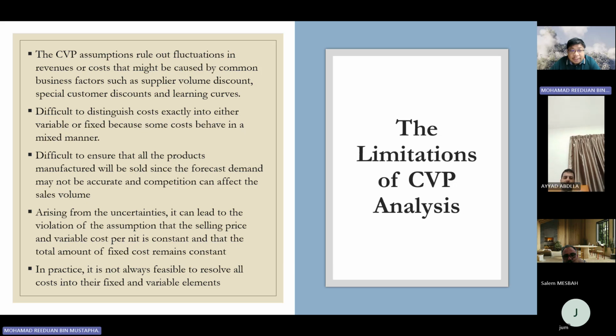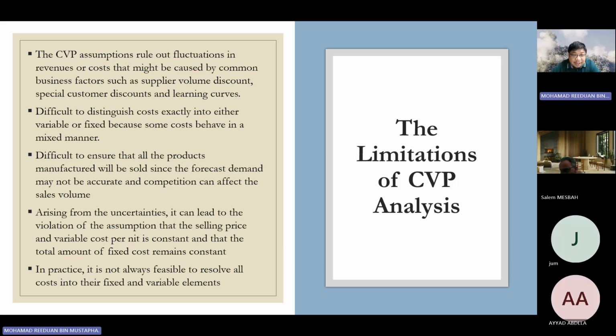Another limitation is that it is difficult to distinguish costs exactly into either variable or fixed cost, because costs behave in a mixed manner. Logically, because different natures of business have different cost lines, differentiating between variable and fixed cost is a big difficulty unless you have your own specific assumptions.